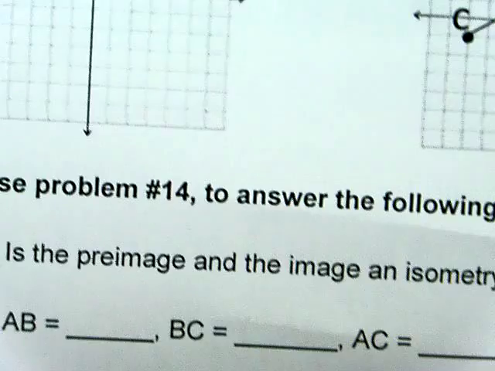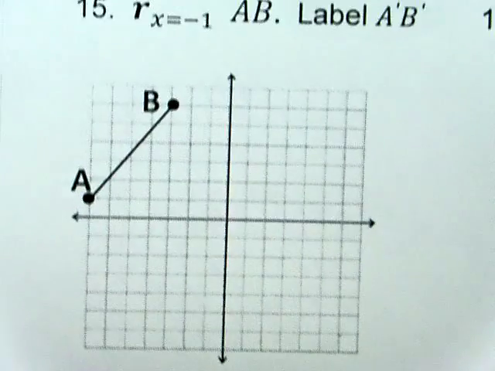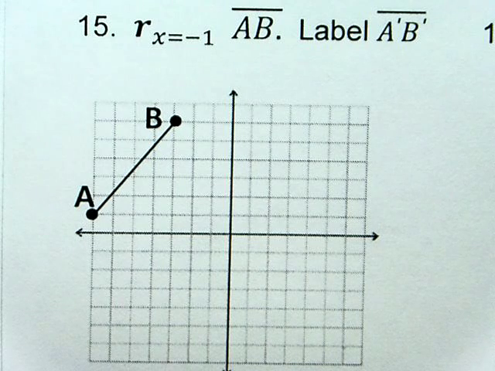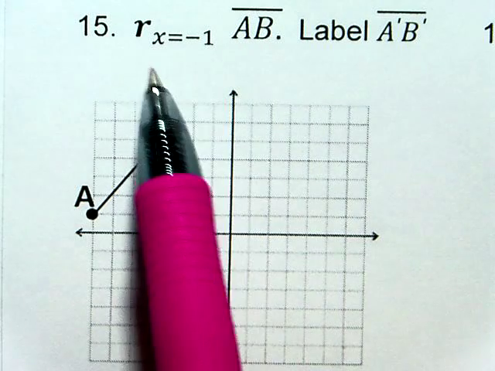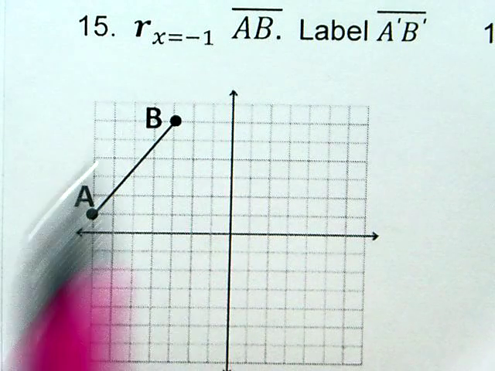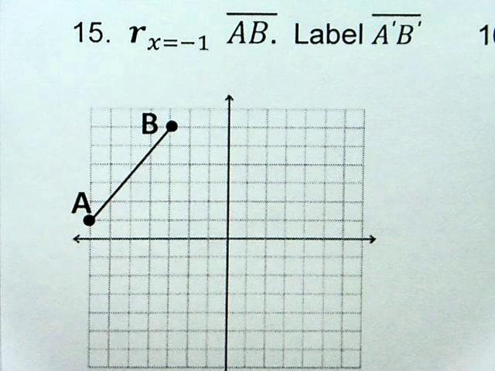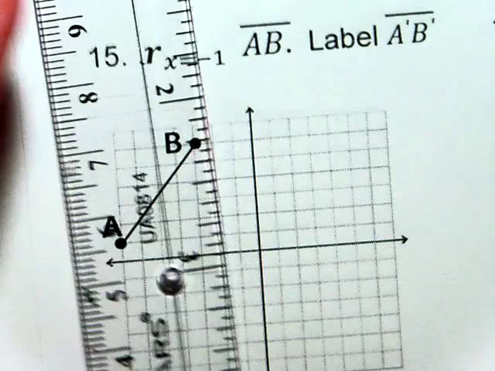Let's go to problem number 15. We are being asked to find the reflection of line segment AB across the line x equals -1. We're going to have to draw the line x equals -1 first, so we know what our mirror line is.